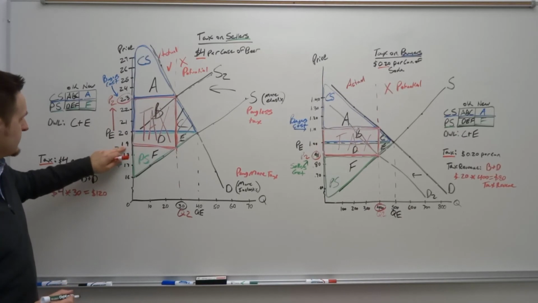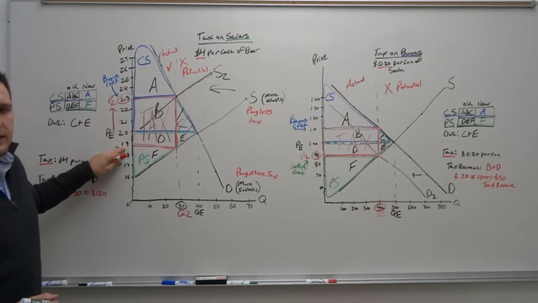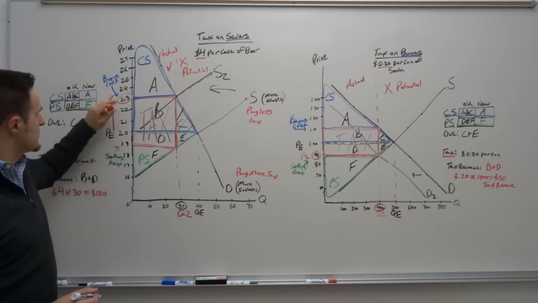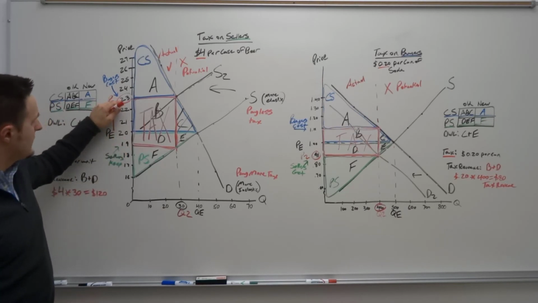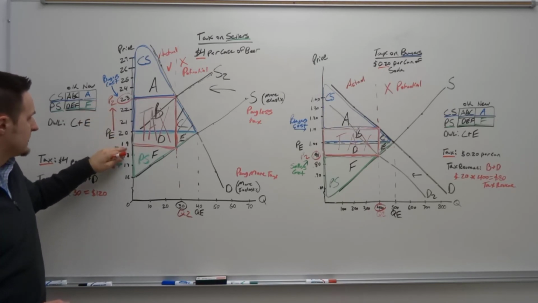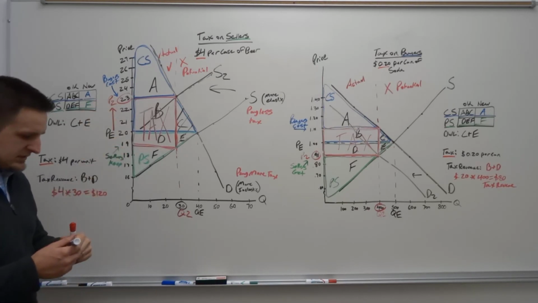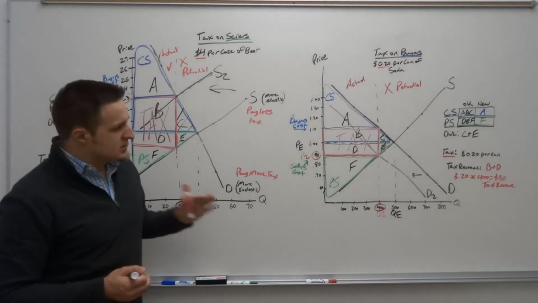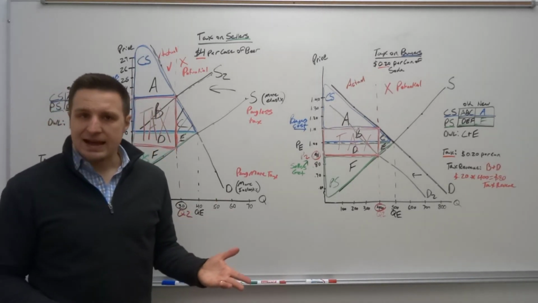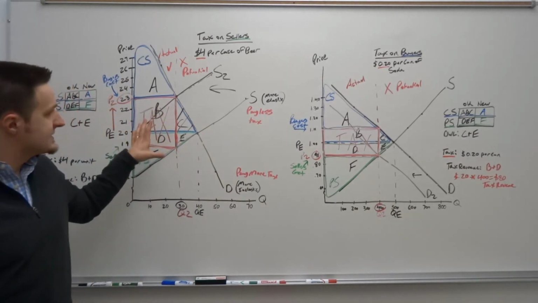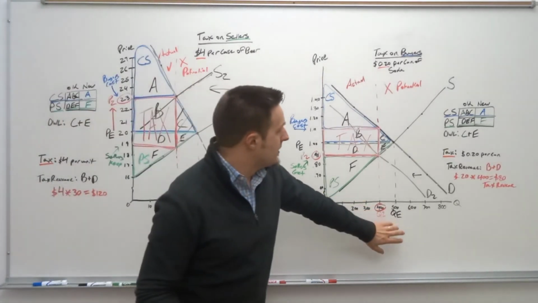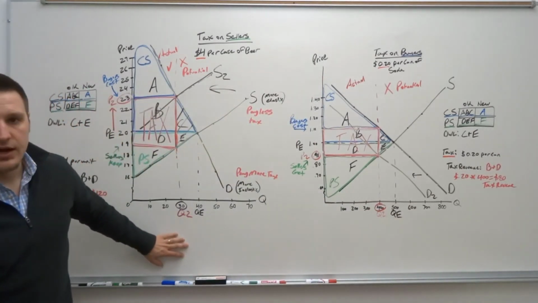So your new retail price would have been 19, but then the buyers would have had to separately pay the tax, which would be plus 4. So that means that they would have ended up still paying 23, and the sellers would have received and then kept 19. So stating all of that, it doesn't really matter who you tax. What really matters is the elasticity. And that concludes taxes on buyers and taxes on sellers.